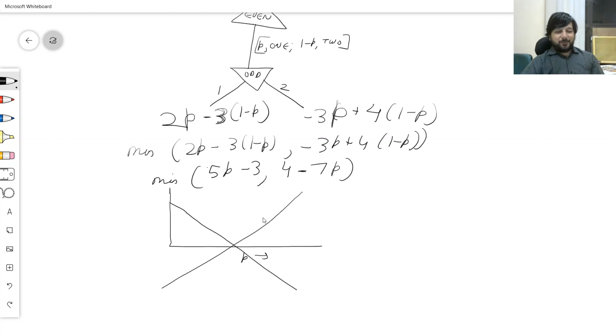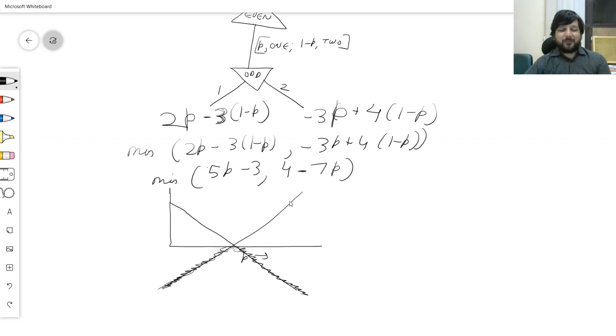What I need to do is take the minimum of this line or this line. If you take the minimum of both lines, you end up getting this as a curve. So the minimum of these two lines is this curve, and this is what odd will select as a pure strategy.